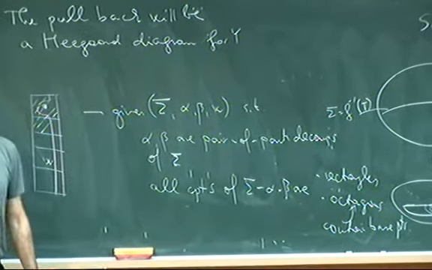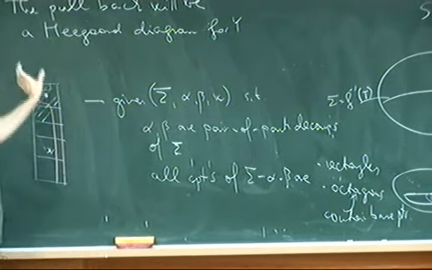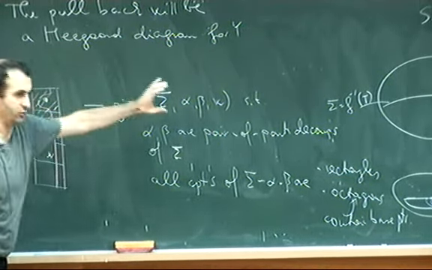I guess you have to draw a new beta curve as well. Yeah, so you have to do it in every slice, and then you have to do it in every beta, in every row.